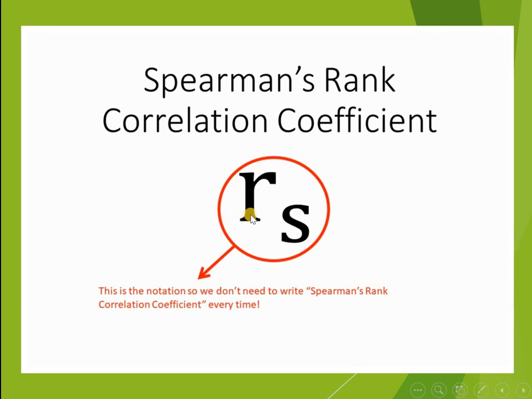For Pearson, we used just the letter R. But for Spearman's correlation coefficient, we use R with the subscript letter S. This is the notation. We don't need to write Spearman's rank correlation coefficient every time, but when I see RS, it means Spearman's correlation coefficient.